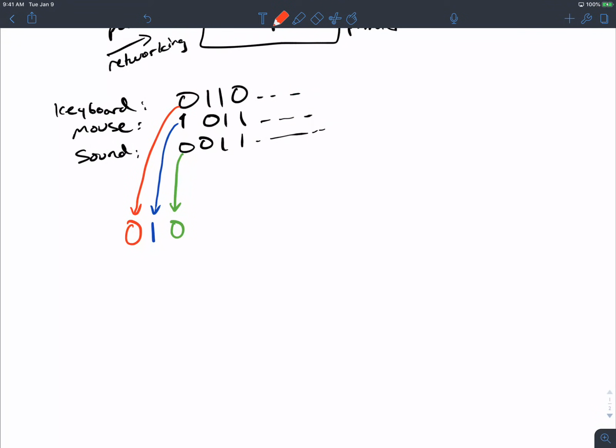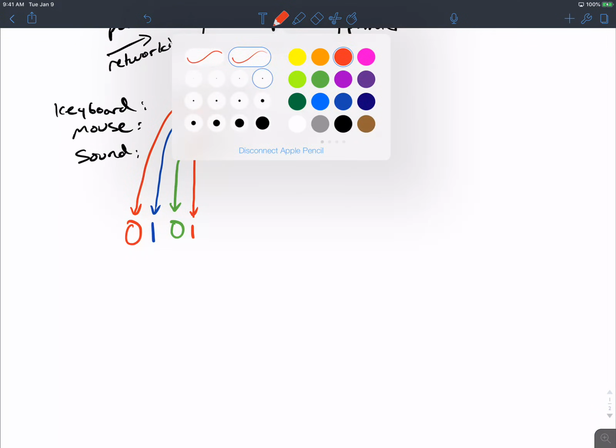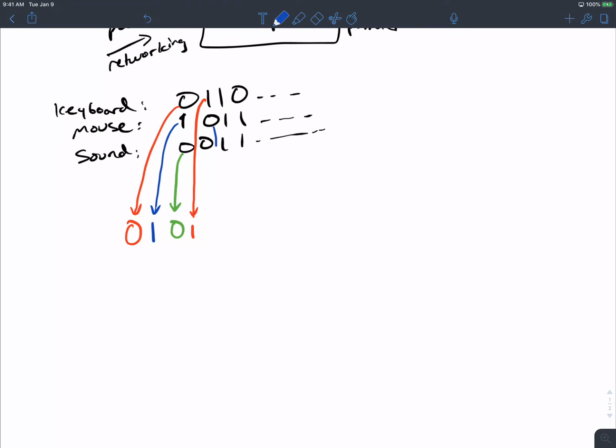So I wrote the first bit of each of the inputs down. Then I'm going to take the second bit of each of the inputs. So 1 here. Then the 0 comes here.